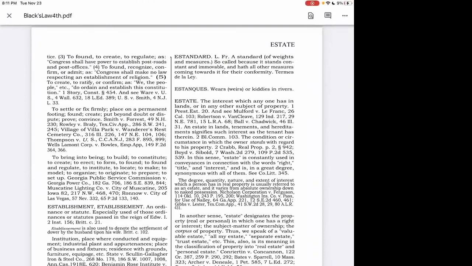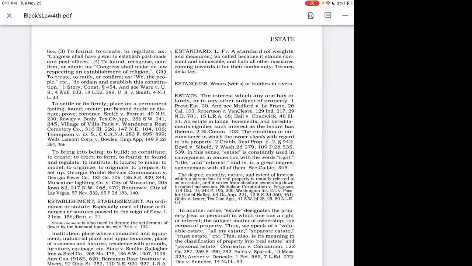Here we go. So we're looking at estate. Estate: the interest which anyone has in land or in any other subject of property. An estate in lands, tenements, and hereditaments signifies such interest as the tenant has therein. The condition of or circumstance in which the owner stands with regards to his property. In this sense, estate is consistently used in connection with the words right, title, and interest, and is in great degree synonymous with all of them.